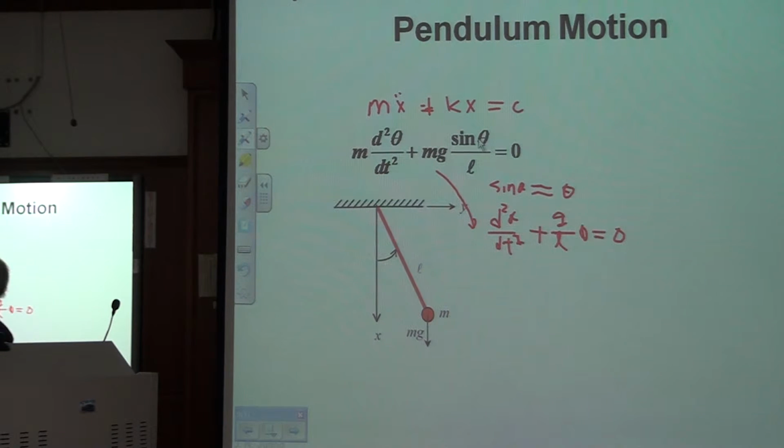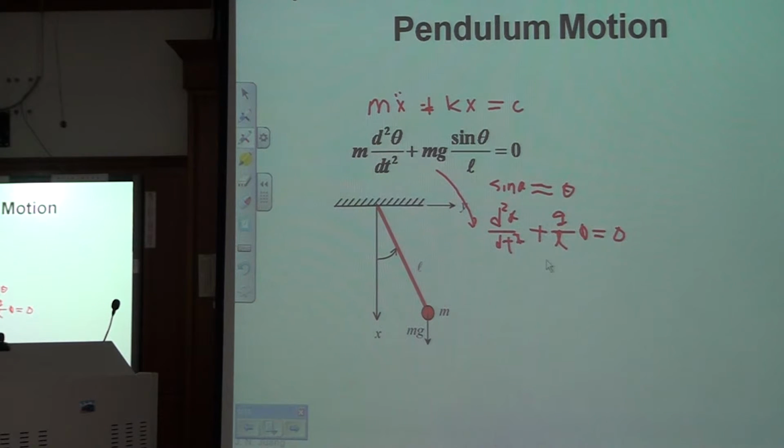And so these two equations, basically they are the same in mathematical sense. So for small angle, the spring motion and pendulum motion are the same in terms of the ordinary differential equations.